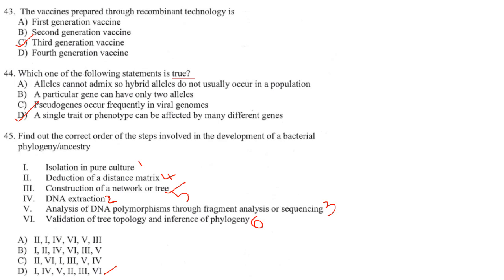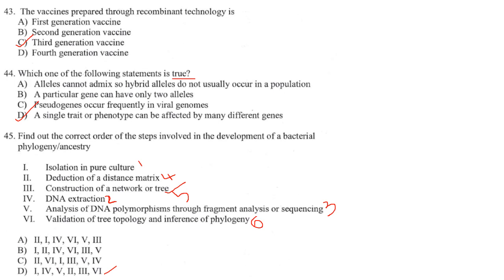Then analysis of DNA polymorphism through fragment analysis or sequencing. Then comes reduction of distance matrix. That is your fourth one. Then comes construction of a tree or network.